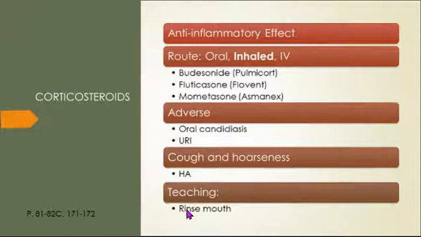The chemical structure in the inhaled form is altered to decrease the risk of systemic buildup. Corticosteroids can be given orally or IV, but here these three are all inhaled. So ignore the oral and IV and focus on these as inhaled, and these are your precautions and your teaching.